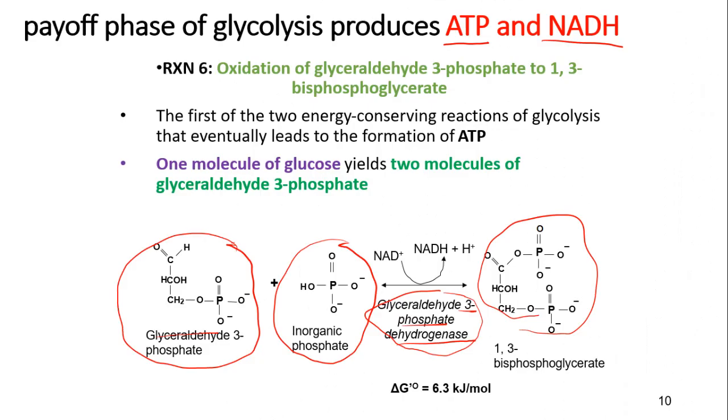Phosphoric acid. So during reaction number 6, which is involving the oxidation of glyceraldehyde 3-phosphate to form 1,3-bisphosphoglycerate, we need to understand one thing.